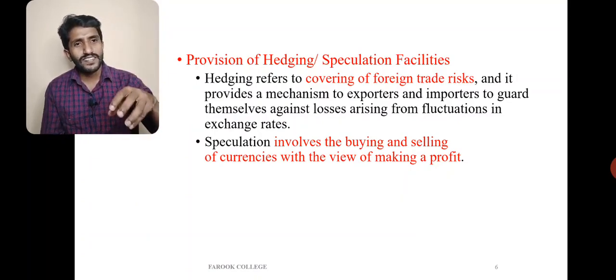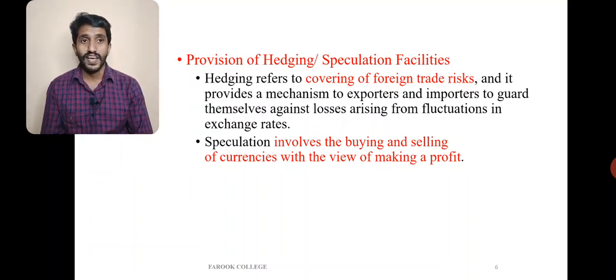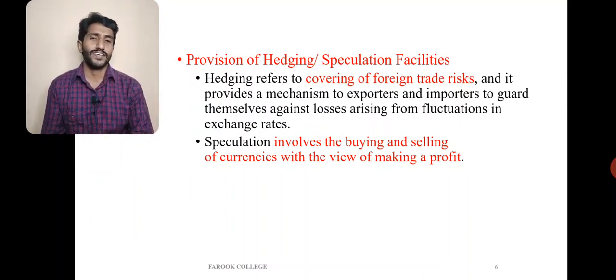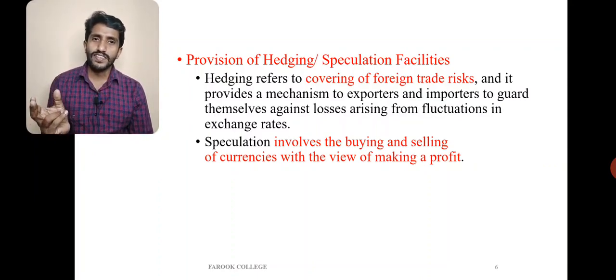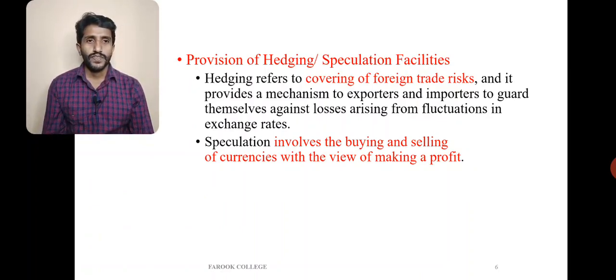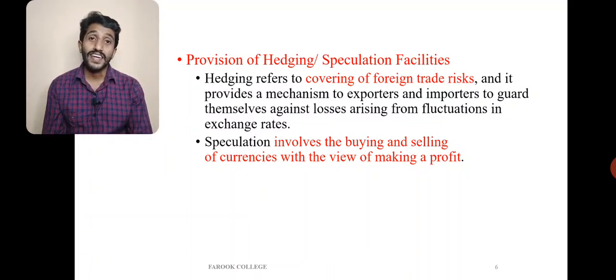This hedging facility provides a mechanism to exporters and importers to guard themselves against losses arising from fluctuations in the exchange rate. So there is a possibility of losses through changes in the exchange rate, and we can cover this risk through hedging. Covering of foreign trade risk is known as hedging.